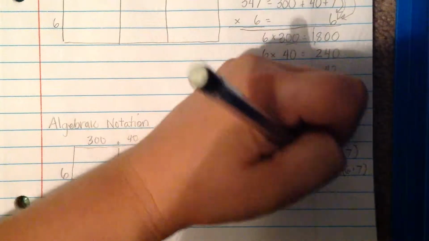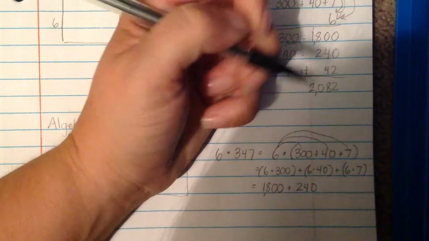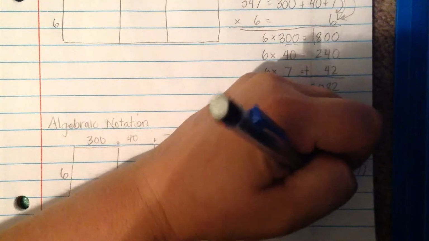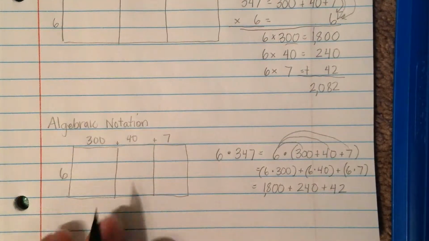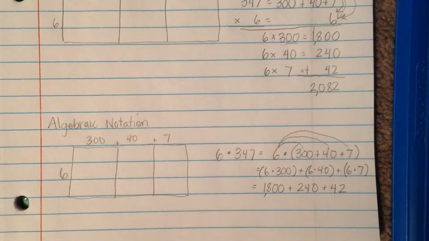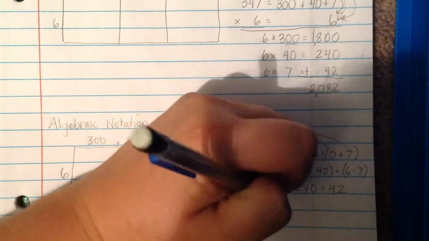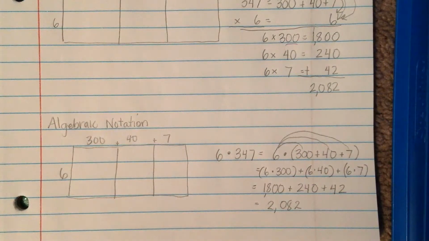Add 6 times 40. Well, 6 times 4 is 24, add my 0. Plus 6 times 7 is 42. Again, if I need to turn this problem vertical, I've got room over here to do my vertical addition. And this equals 2082. Any way you do it, the first 3 methods all use area model.